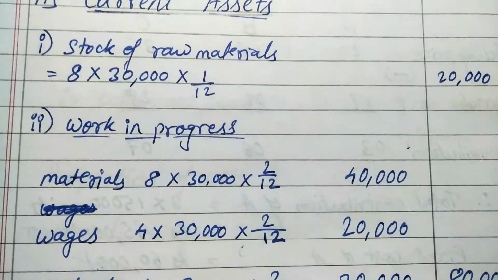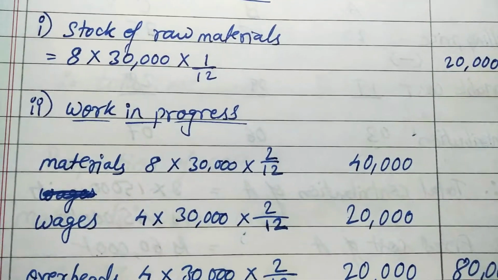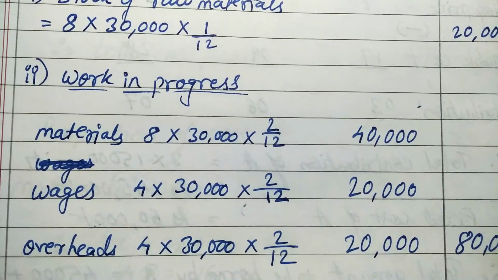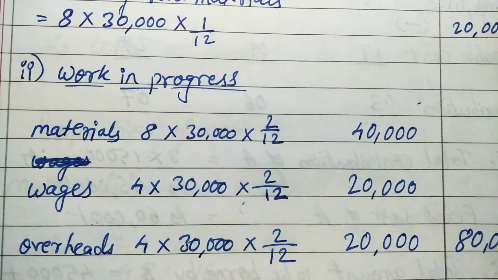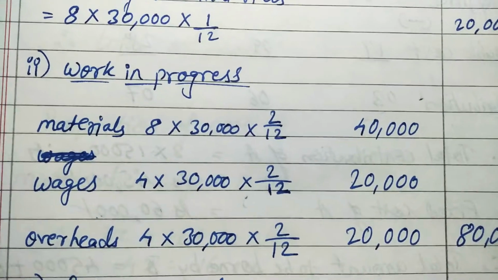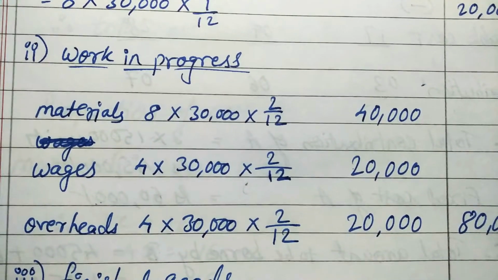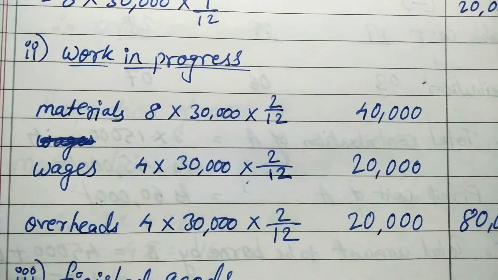Then we go to the work in progress. For work in progress, we need materials, wages and overheads. Just before this, we have calculated the costs per unit of material as 8 rupees, wages as 4 rupees and overheads as 4 rupees again.